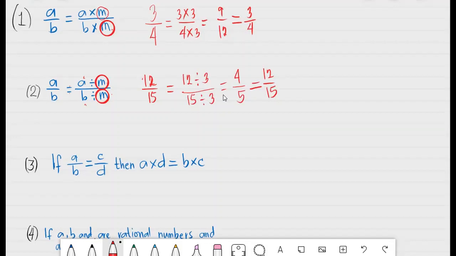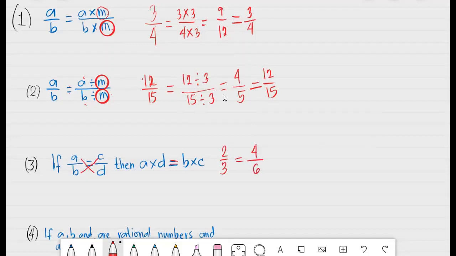Okay, next is if a over b is equal to c over d, then if we cross multiply, or apply cross product, the products will be equal, the same. So for example, 2 over 3 is equal to, let's say, c over d is 4 over 6.